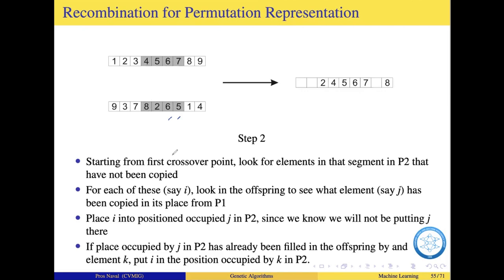So what do we do next? For the first one, we go to the first parent and we look at the value here. The value here is 4. With that value, you look for that same value in the second parent.